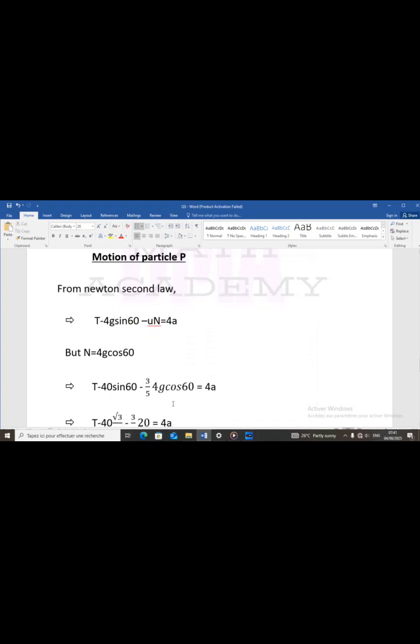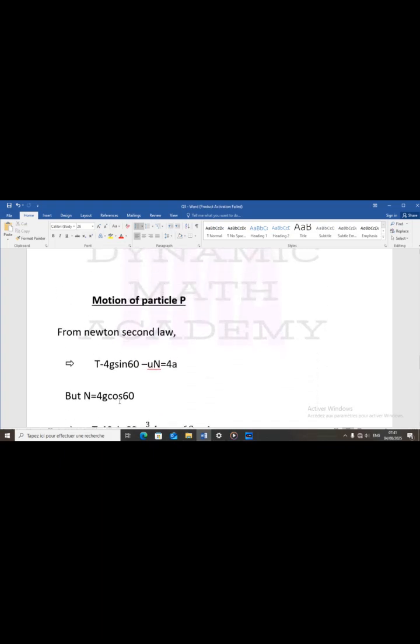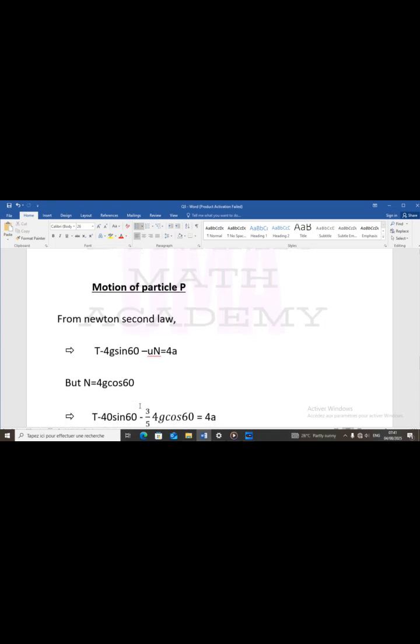Okay, since we had n equal to 4g cos 60, we already know the value of g. We know that g is 10. So let us replace everything here. We're going to have T minus 40 sin 60, because g is 10, minus, okay, now the coefficient of friction was found to be 3 on 5. So you have 3 on 5 times 4g cos 60 is equal to 4a.